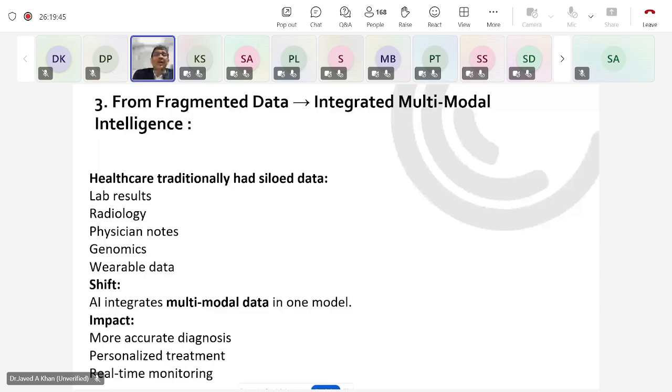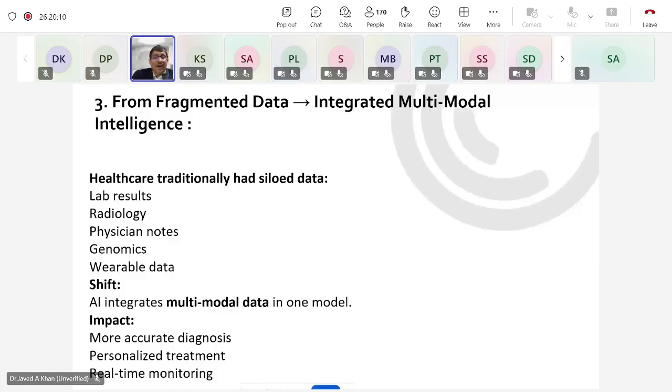Next one is from fragmented data to integrated multimodal intelligence. Traditionally we shared data: lab results, radiology, physician notes, genomics, wearable data. These are available. Now the shift is that we have integrated all the models. So AI integrates multimodal data in one model.